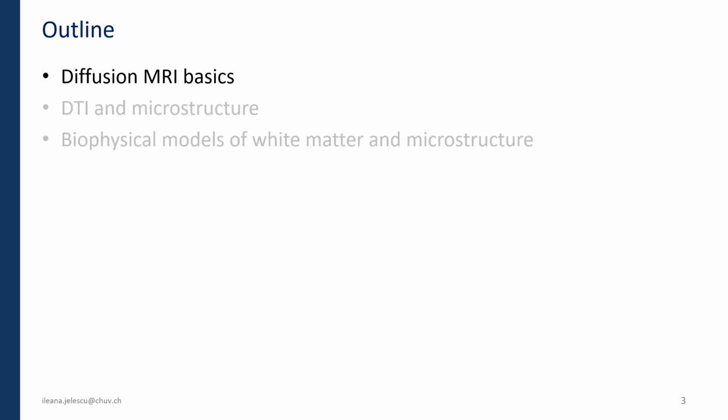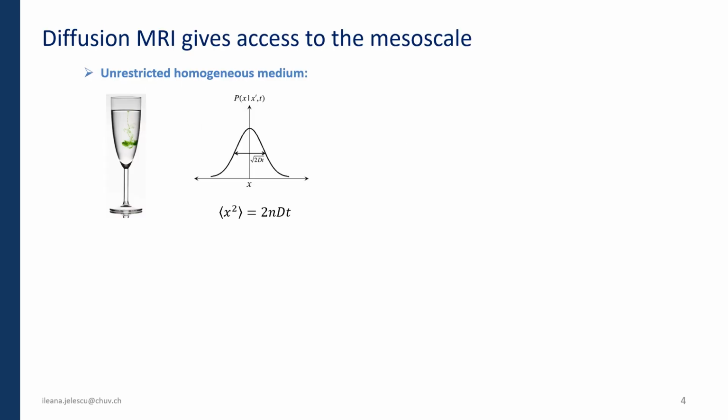So let's start with diffusion MRI basics. Diffusion MRI gives us access to the mesoscale. What do we mean by that? In an unrestricted homogeneous medium, such as this glass of water, the displacement probability function of the diffusing water molecules is governed by a Gaussian distribution.